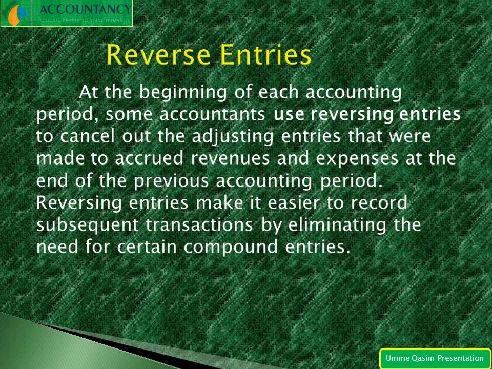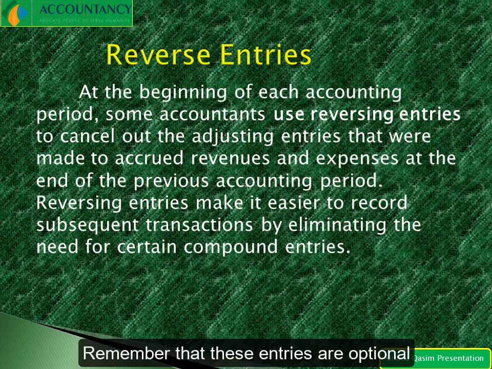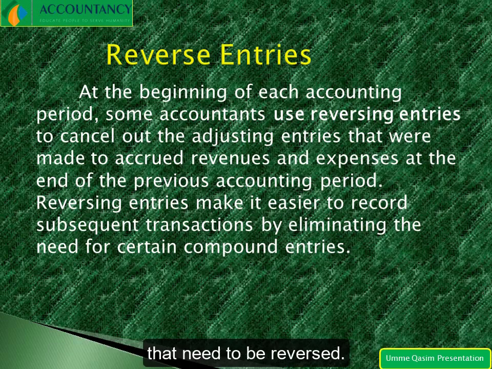Reversing entries make it easier to record subsequent transactions by eliminating the need of certain compound entries. Remember that these entries are optional provided there are some adjustment entries that need to be reversed.